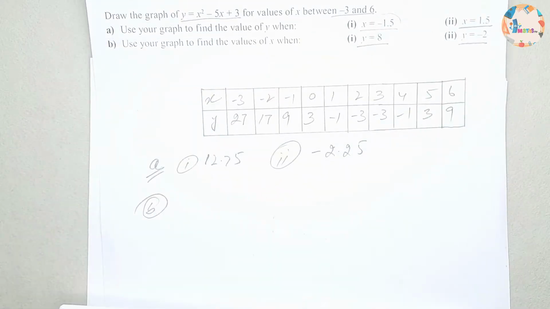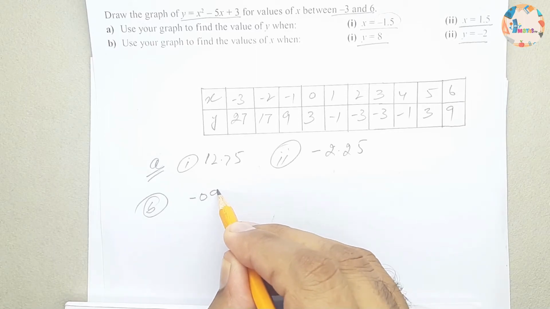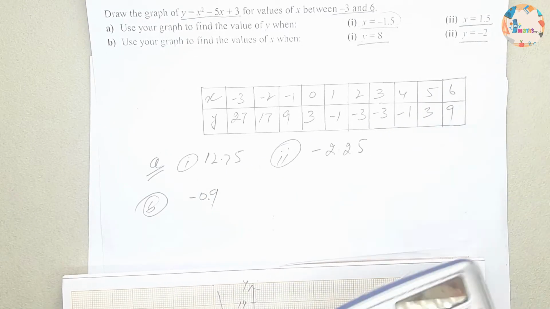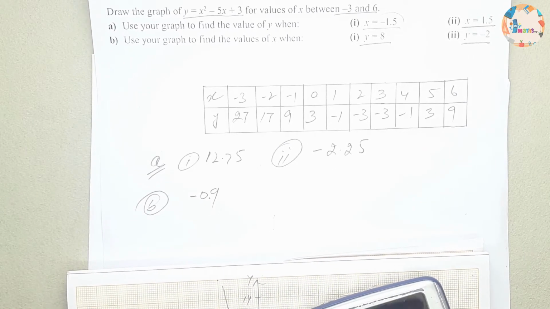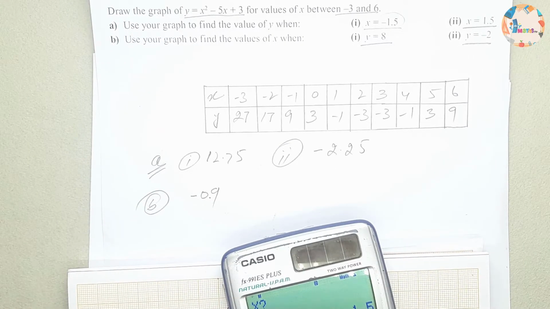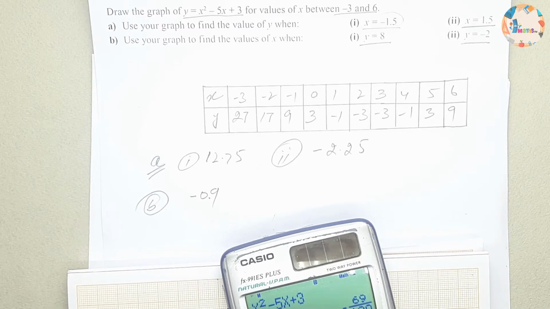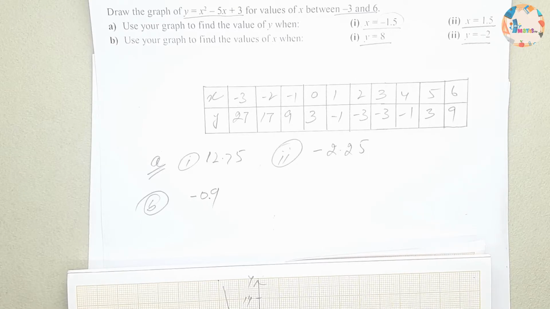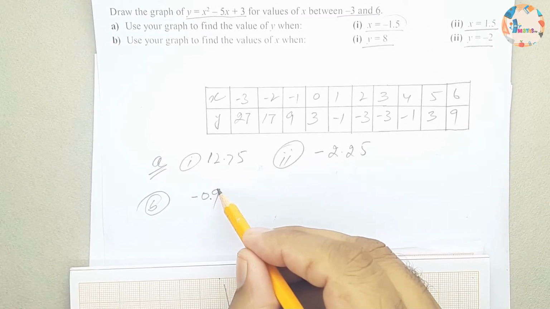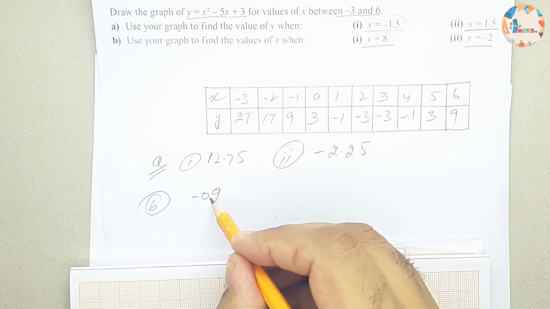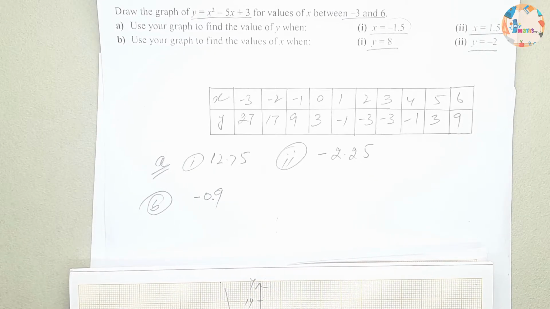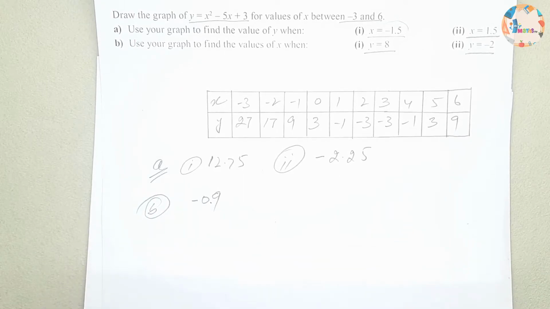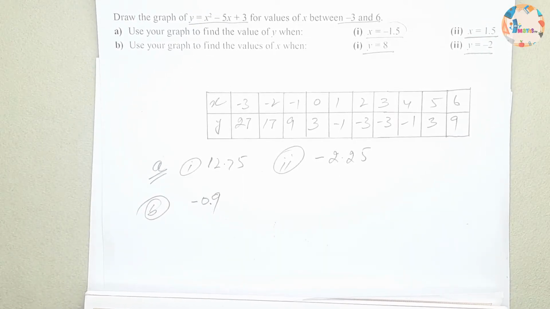And if we check, basically calculate for -0.9, we will be getting 8.69, which is around this one. So you can write this as minus 0.9 or closer to that. This will be within range because we are estimating from the curve and we are not calculating by calculator.